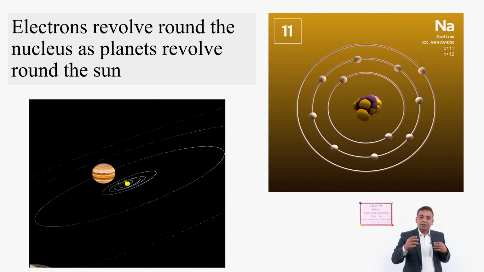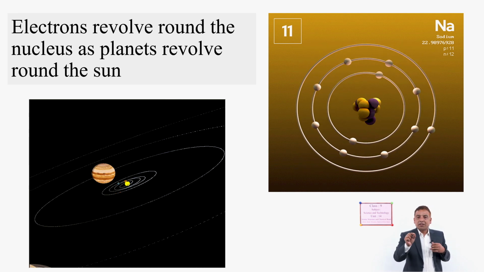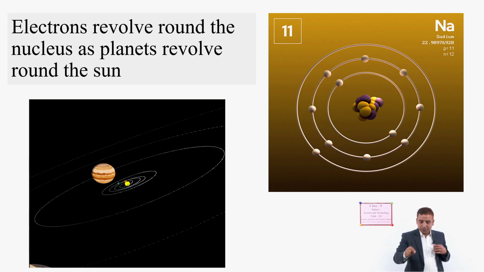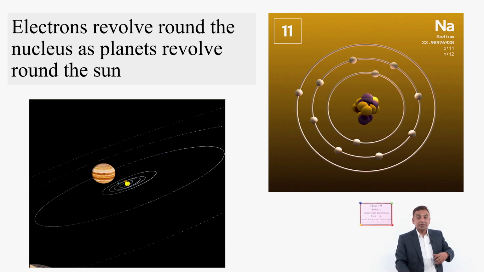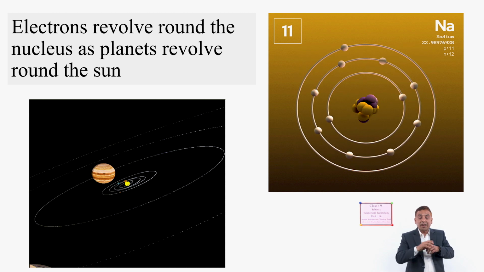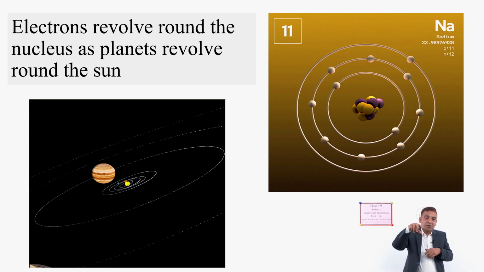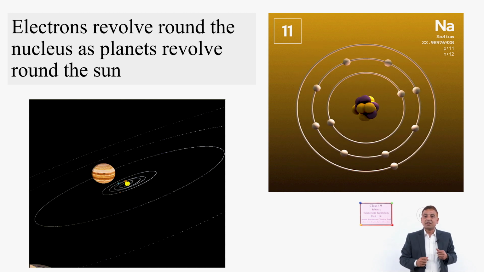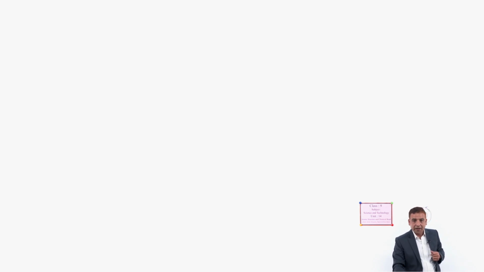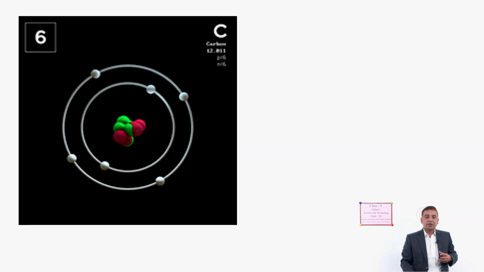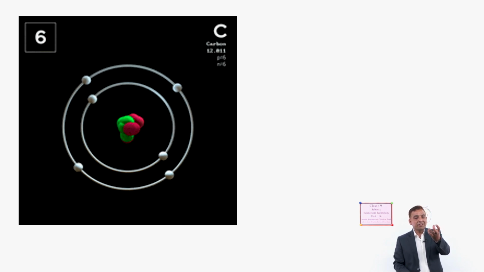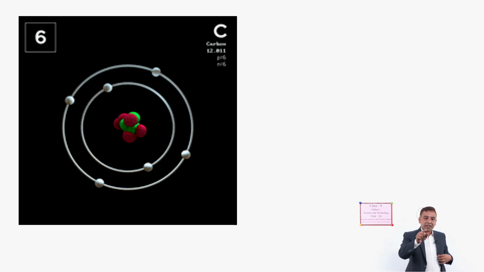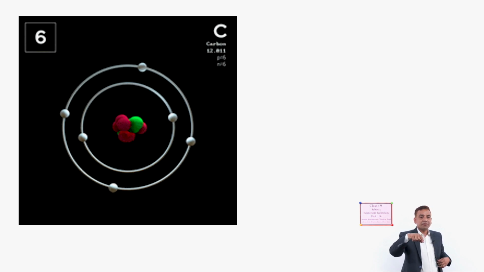To conclude this point, protons and neutrons lie at the nucleus and electrons revolve around the nucleus, and the path followed by the electrons is called the energy level, or it is also considered as the orbits. You can see the structure of carbon, that there are 6 electrons revolving around the nucleus.